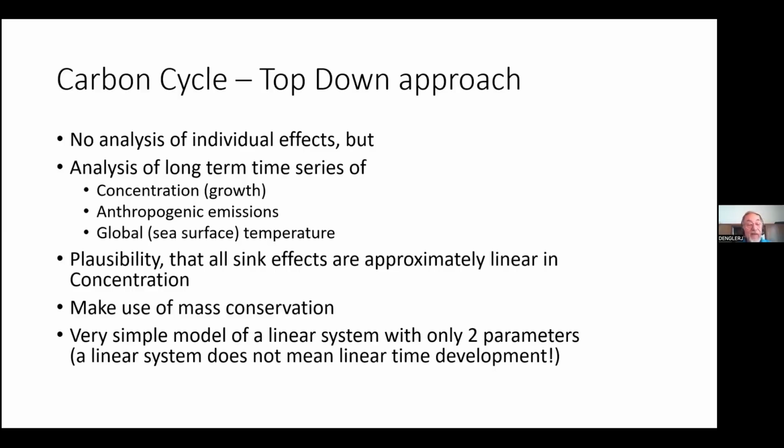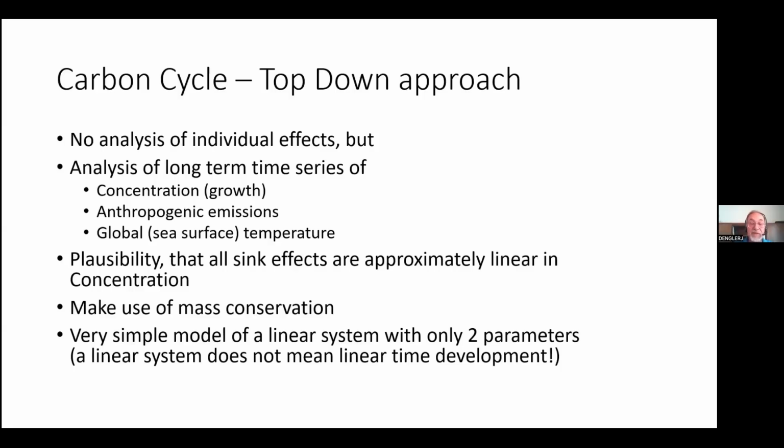Then we will see that it is plausible that all the sink effects, where CO2 goes into the ocean or into the plants, are approximately linear with the atmospheric concentration. As physicists, we can make use of mass conservation, which means that nothing can vanish.